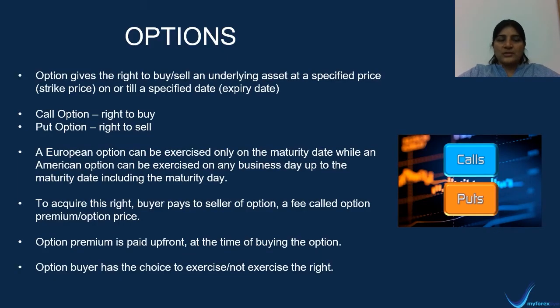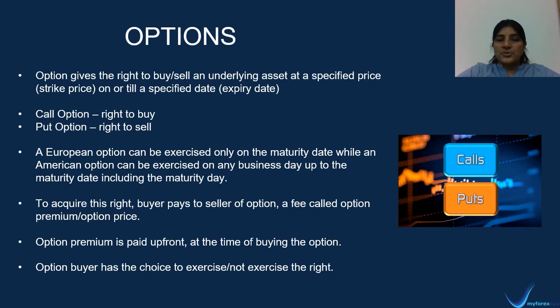The third product is the options. Options give the right to buy or sell an underlying asset at a specified price on or till a specified date. The specified price is nothing but the strike price, and the specified date is the expiry date. There are two types of options, the call option and the put option.